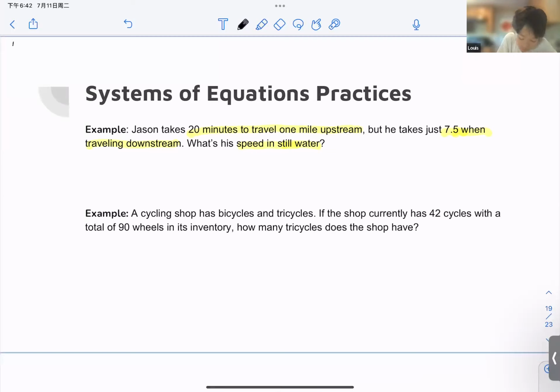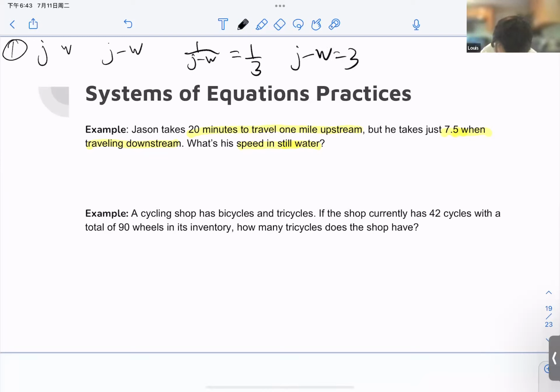So, for this problem, suppose Jake's speed in still water is J and the water speed is W. So traveling upstream, Jake's speed would be J minus W. So 1 over J minus W would give us 1 over 3 hours. So J minus W equals 3.